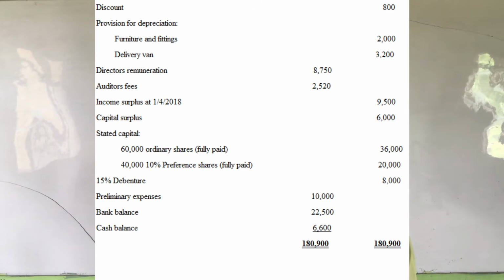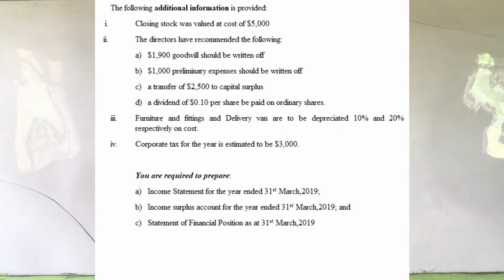And then we have 5% debentures at a value of $8,000, and preliminary expenses of $10,000. We have the bank balance of $22,500 on the debit side and a cash balance of $6,600, giving us a total of $180,900 for both sides.